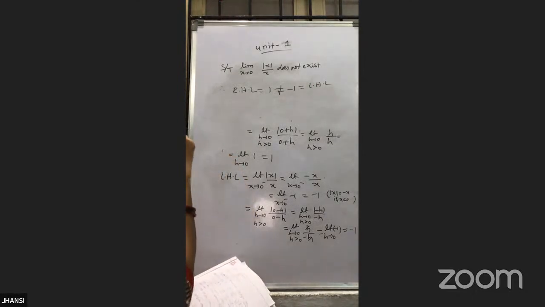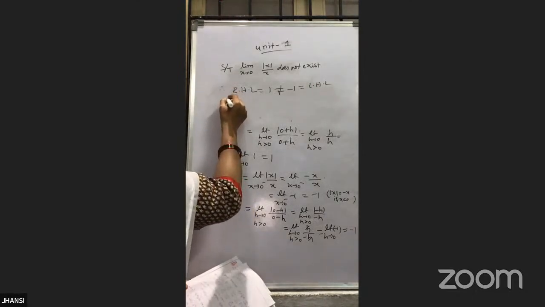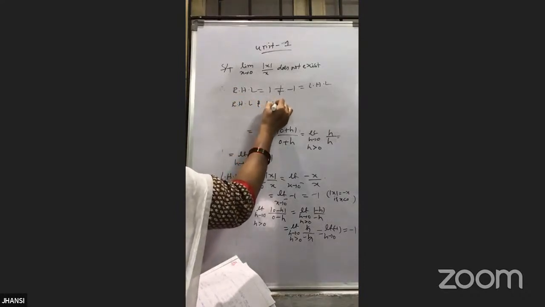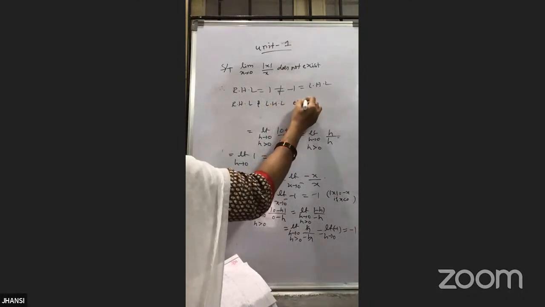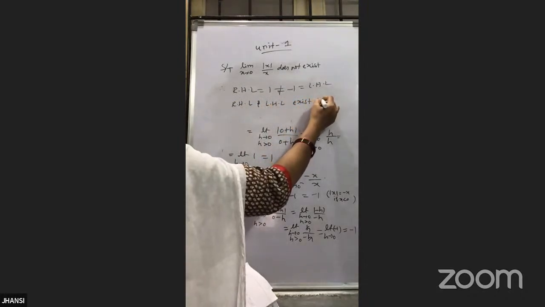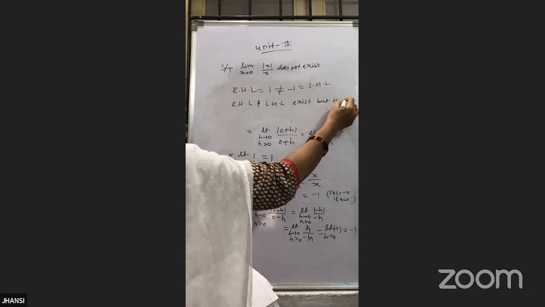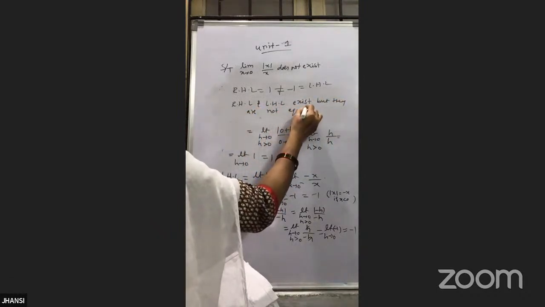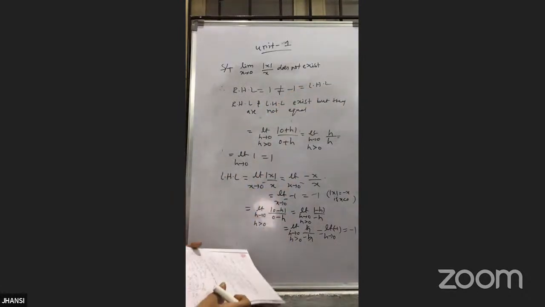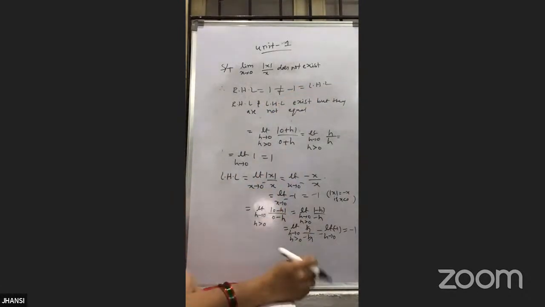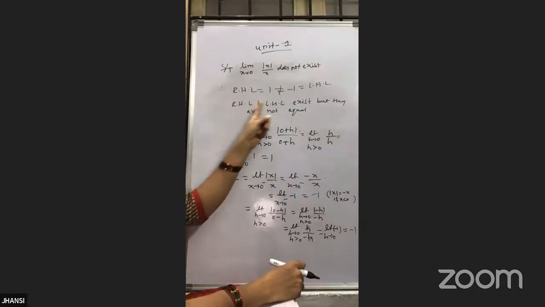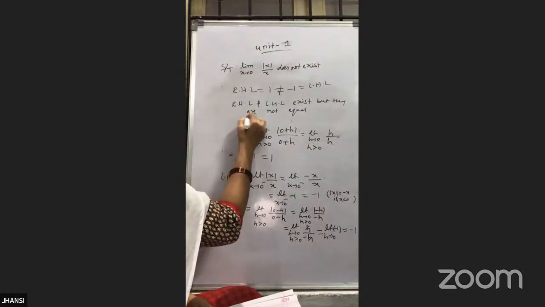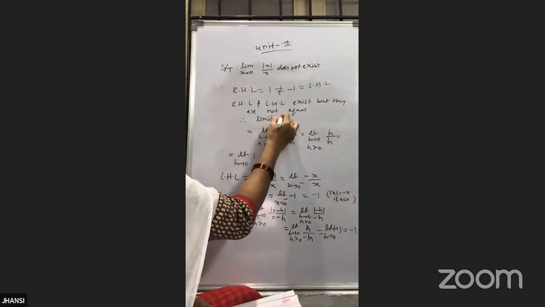So here you write, RHL and LHL exist, but they are not equal. They exist means they got some value, instead of getting the indeterminate form or undefined form. Therefore, both the values exist, but they are not equal. So therefore, limit does not exist.